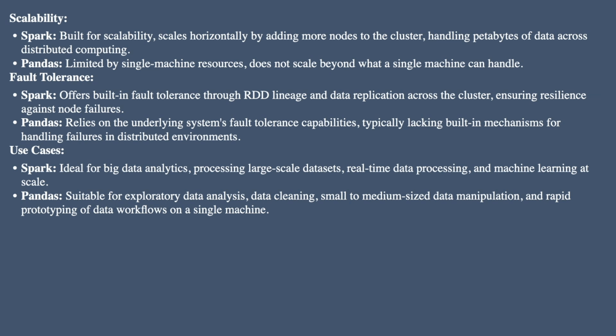So the next point is fault tolerance. Pandas doesn't have any built-in fault tolerance. If your code crashes, the whole job will fail, and you need to restart it manually. But Spark is designed with fault tolerance in mind. It has the RDD feature, as I talked about earlier, which automatically recovers from node failure.